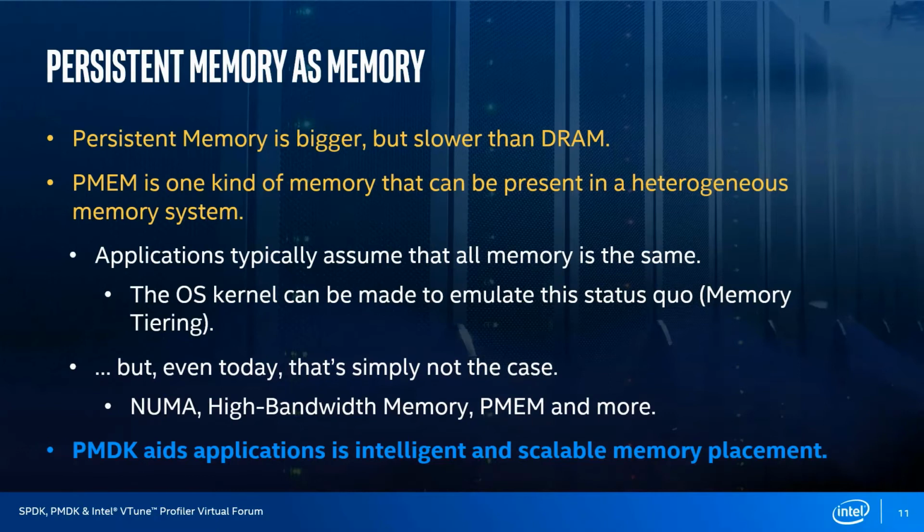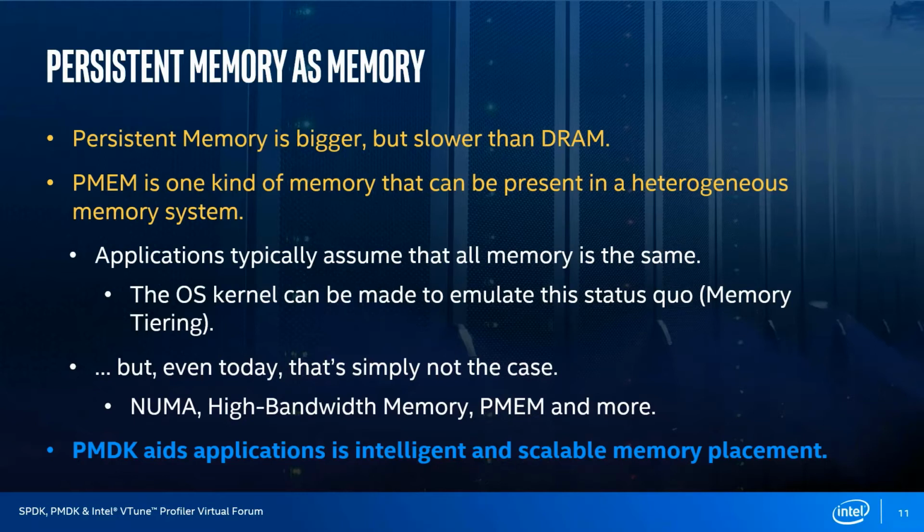The first view, persistent memory as memory, is that, like we said, persistent memory is bigger and more affordable than DRAM, but at the same time, it is a little bit slower. So once we attach persistent memory to a system, that system becomes heterogeneous, which means that applications can no longer assume that all memory is the same, which is the status quo of today.